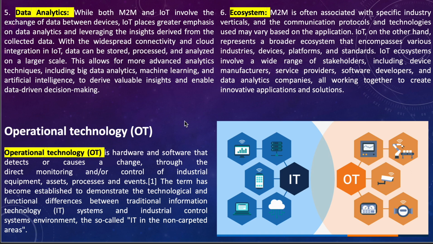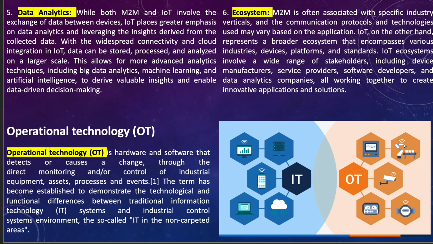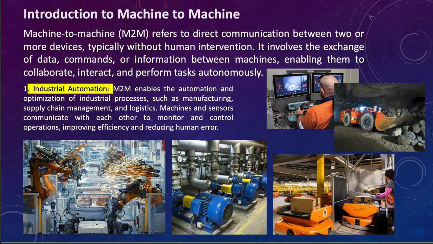But in the business environment there are two sectors, right? When we are talking about machine to machine, we understand the manufacturing does not only, or the business does not only have software components to it or IT components to it.